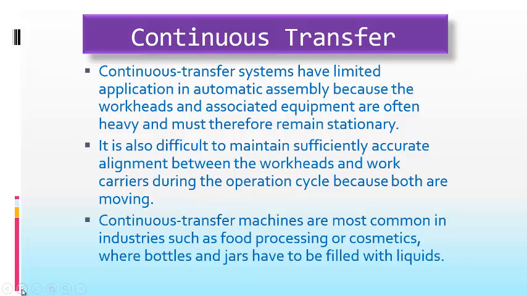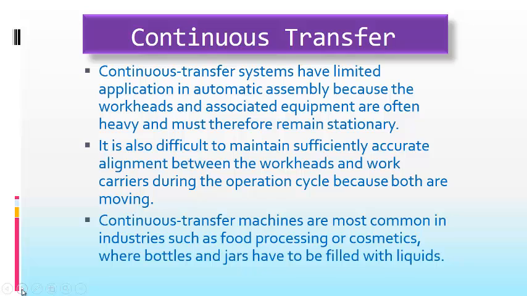Continuous transfer machines are most common in industries such as food processing or cosmetics, where bottles and jars have to be filled with liquids. If you go to any factory, like say a fizzy drinks factory, Coca-Cola, Pepsi-Cola and so on, you will find the workhead is moving and also the component is moving.